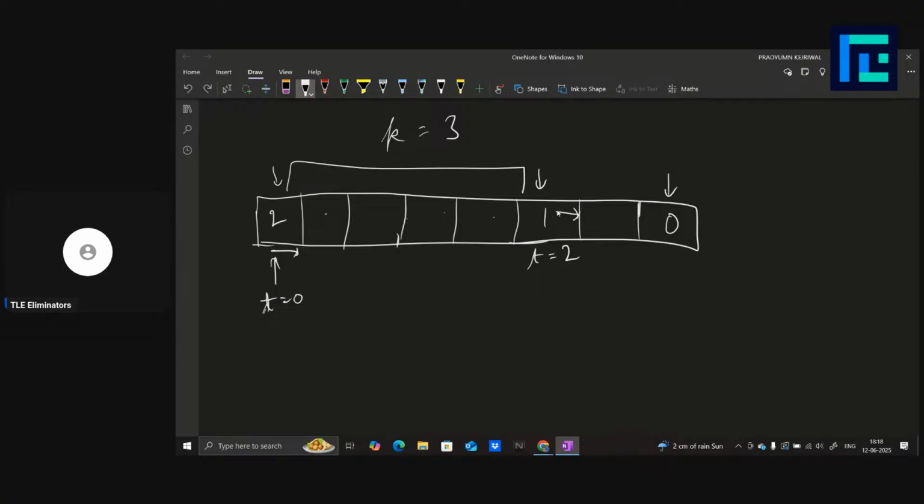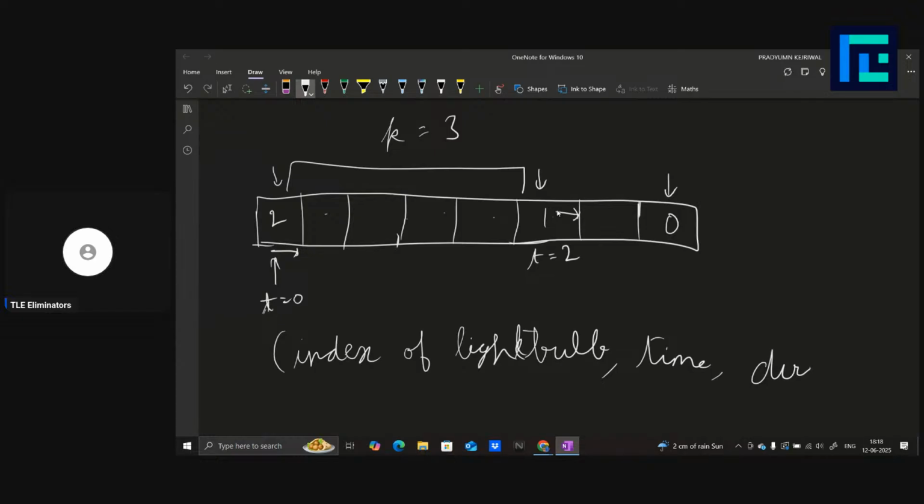And what is my state? Essentially, not even the position. In my state, I will store the index of the light bulb, then we have the time, and also the direction.